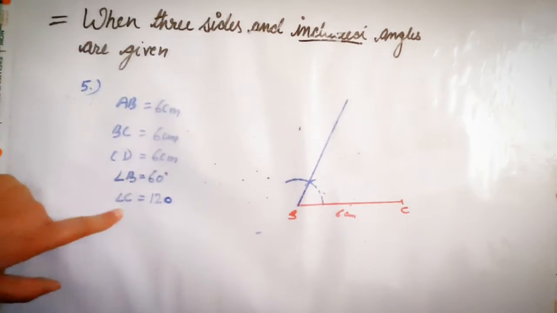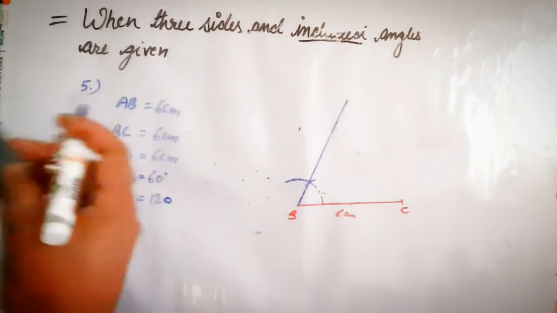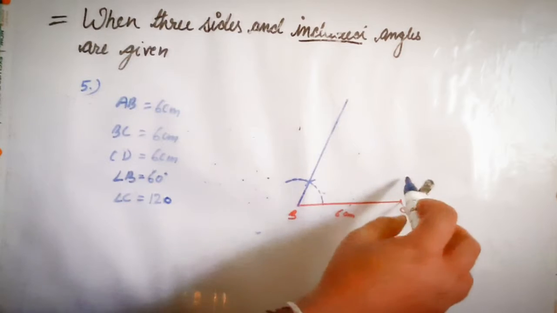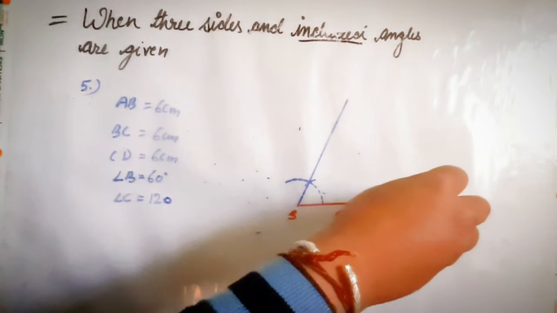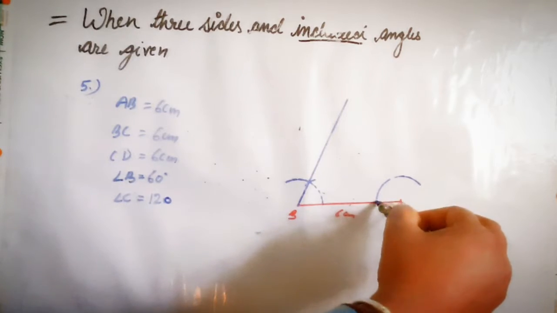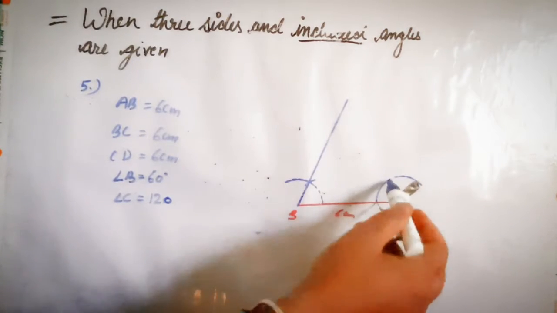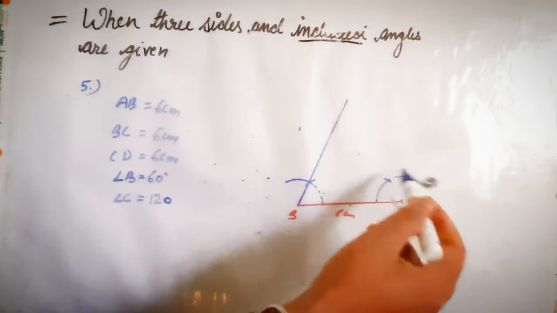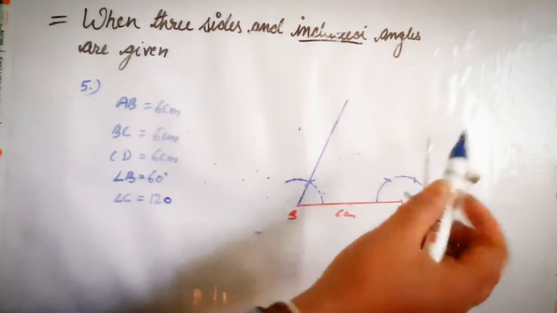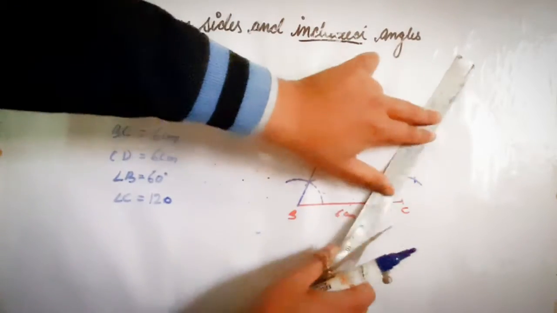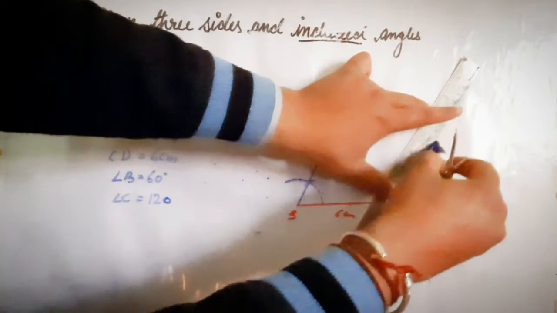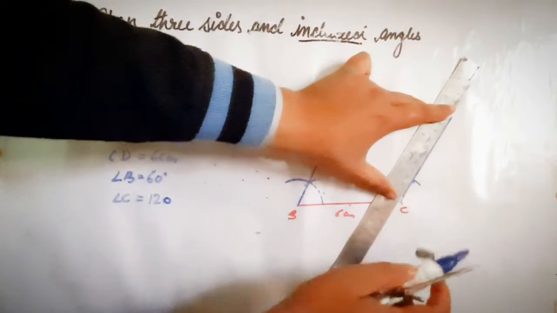Now, angle C is also given equal to 120 degrees. So place on C and draw an arc. Here, you know the first cut from the initial point is 60 and the second cut will be 120. So for angle C, join the second cut with C and this will be your angle of 120 degrees.